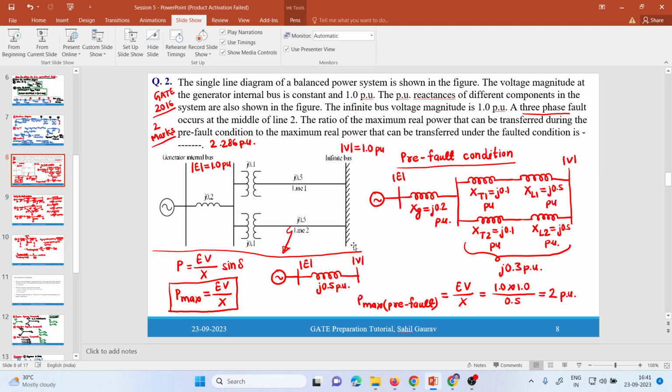Okay, sir. I think yes, but V becomes zero also. But this is an infinite bus, you cannot change its magnitude.